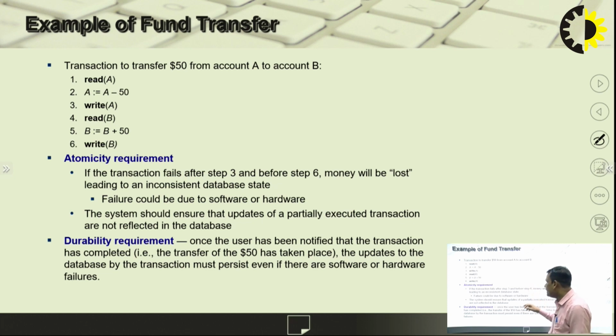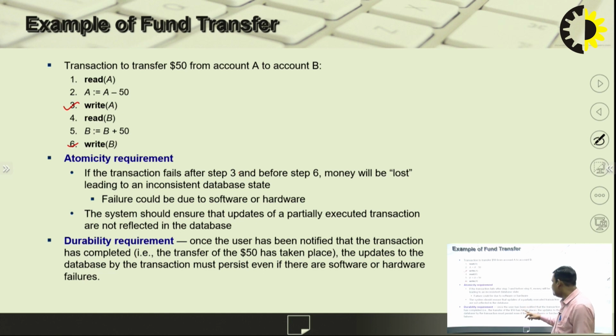Transaction properties: the atomicity requirement. Atomicity means that the transaction steps 3 and 6, the writes, reach the database without failure.